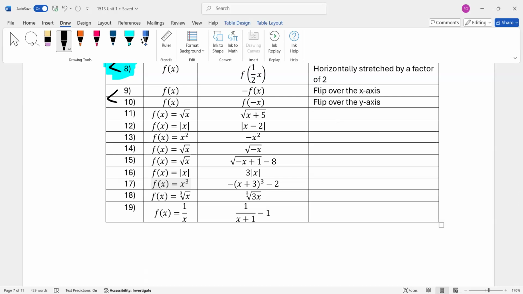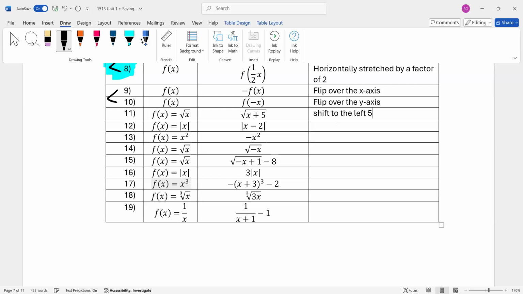You must be very clear what the treatment is, whether it is applied on the x or applied on the y. It makes a huge difference. So this time it is applied on x, adding 5. How will the graph of the mother function change to get the daughter function graph? Is it gonna move to the left by 5? Perfect. Let's shift to the left.